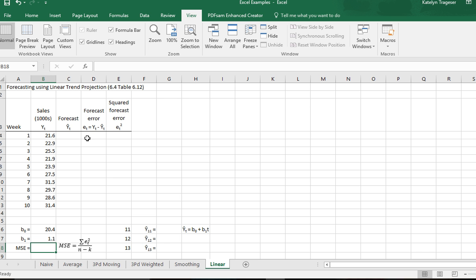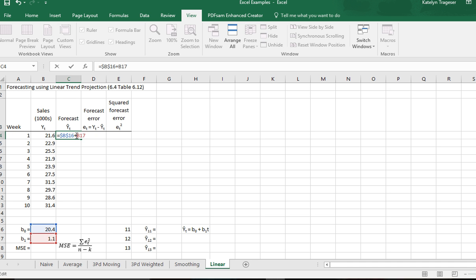So now we want to go ahead and calculate our forecast. Our forecast is actually going to use the B naught, so our intercept and our slope information. So our forecast for our first week is going to equal our B naught, which we want to be an absolute cell reference, plus our slope.